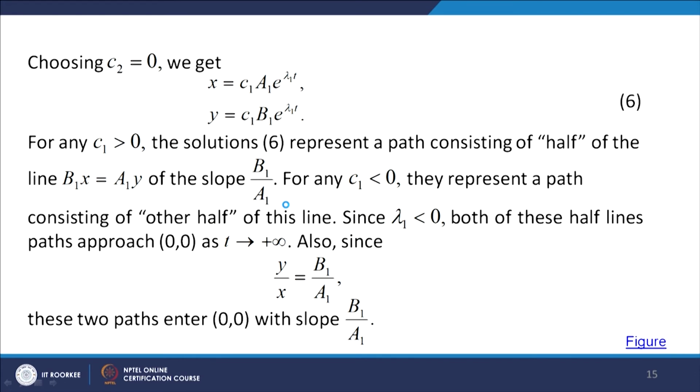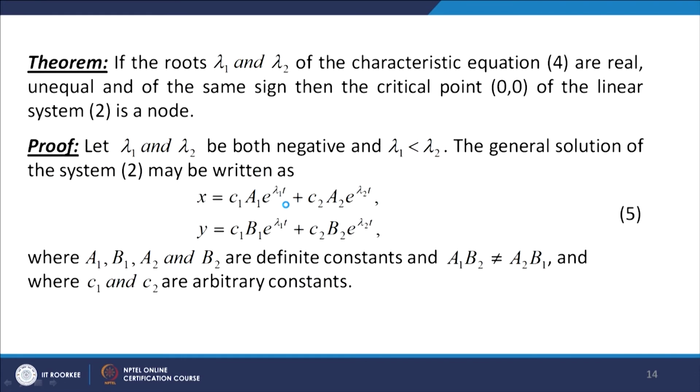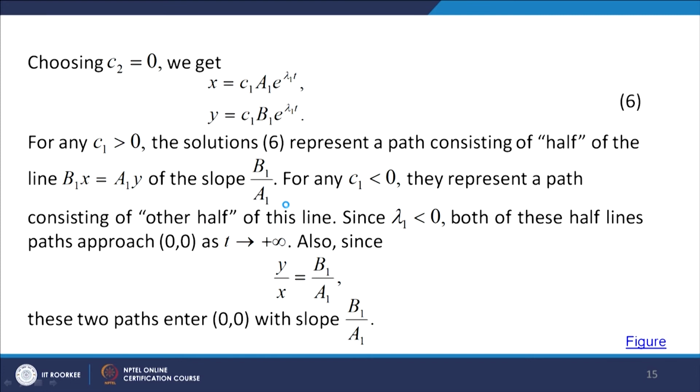Now, let us choose C2 equal to 0. Then x is equal to C1 a1 e raised to power lambda 1 t, y equal to C1 b1 e raised to the power lambda 1 t. So, we get this when we choose C2 equal to 0, the general solution gives us this.